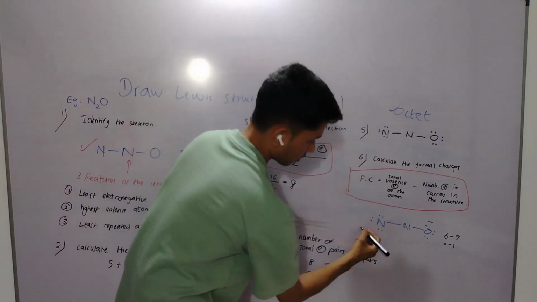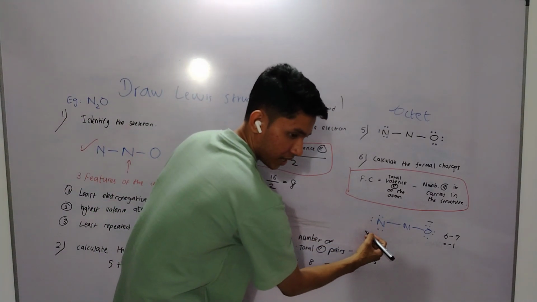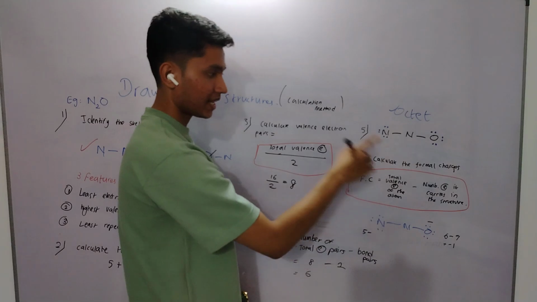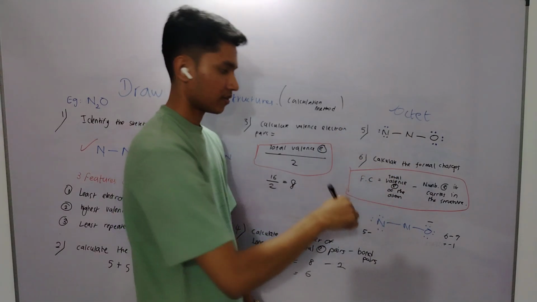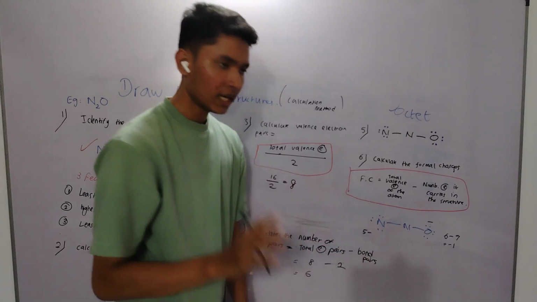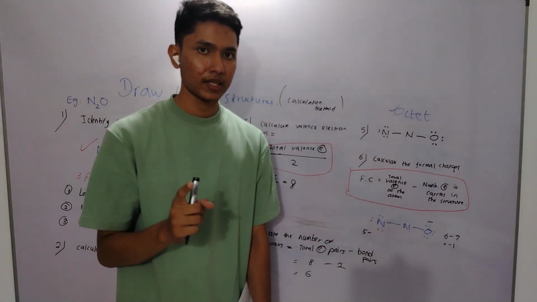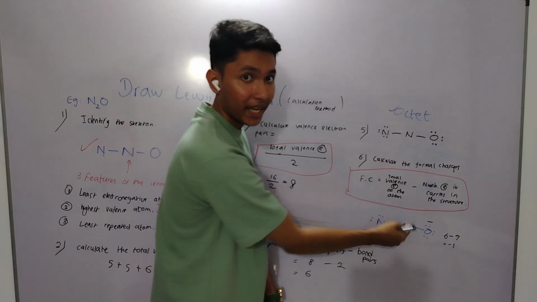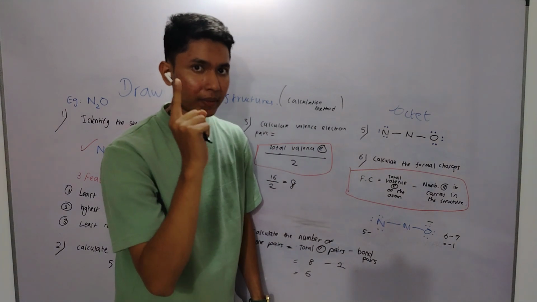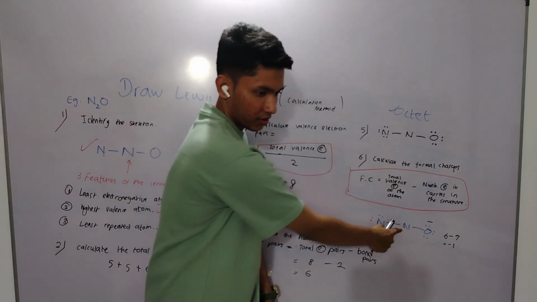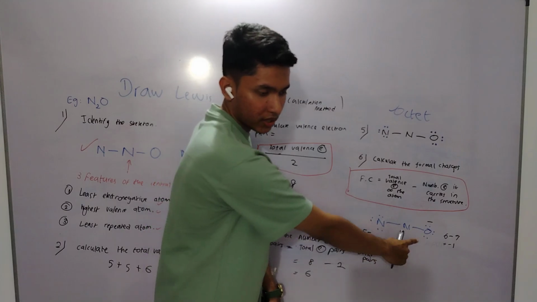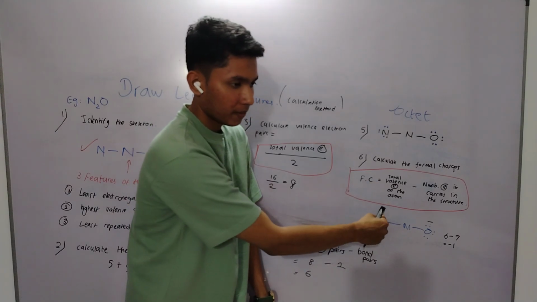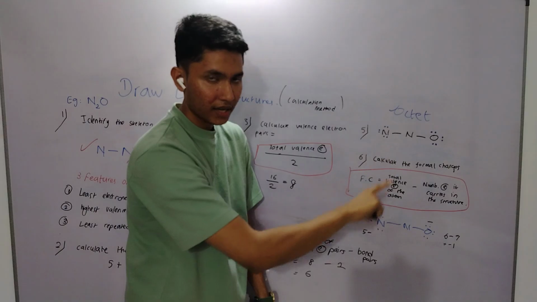Then nitrogen. What are the valence electrons of nitrogen? 5, minus the number of electrons it carries. You might think 7, 8, but no, 1 electron is donated by the nitrogen.